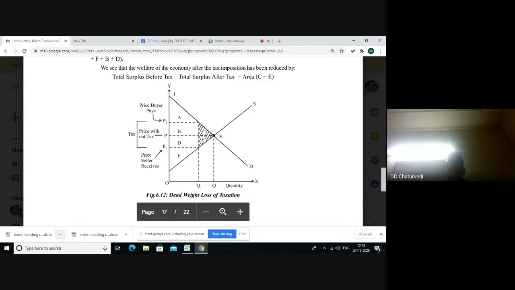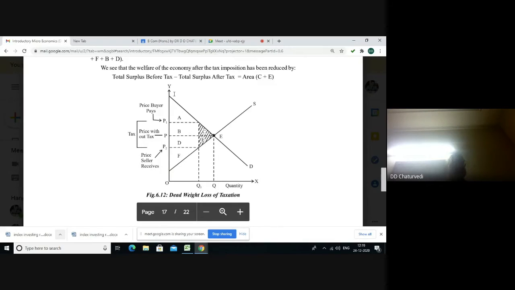Quantity before imposition of tax is OQ. When tax is imposed, say equal to P1P2, we will notice that price paid by the buyer will be equal to OP1 and the price received by the seller is equal to OP2.